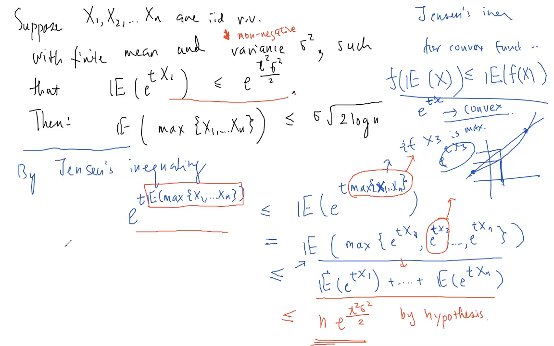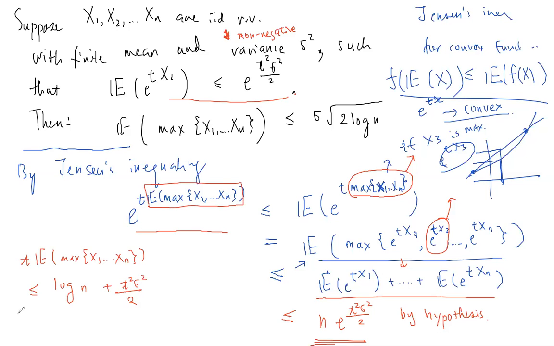If you take log on both sides, you will get t of this, take log of that being bounded by log n plus t square sigma square over 2.